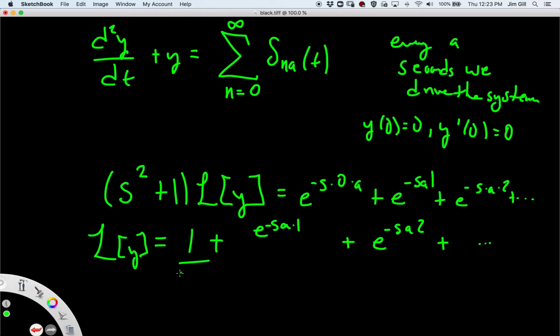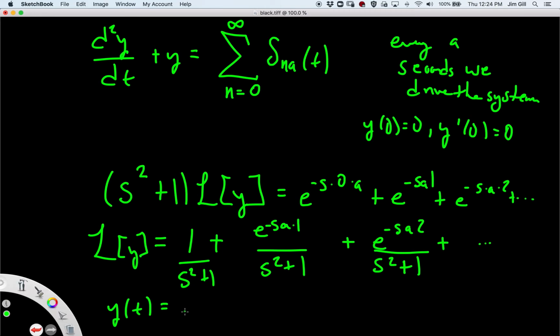And let's isolate the Laplace transform of y. So we get 1 over s squared plus 1 times all of these terms here. And now, unrigorously, we're going to take the inverse Laplace transform. So y is going to equal, well, 1 over s squared plus 1. We just did that one.